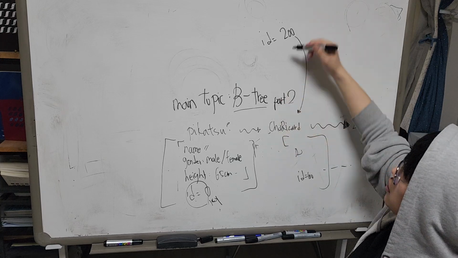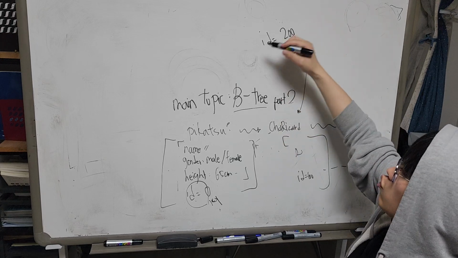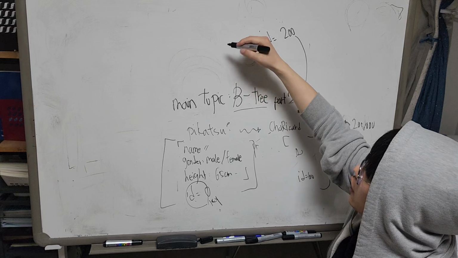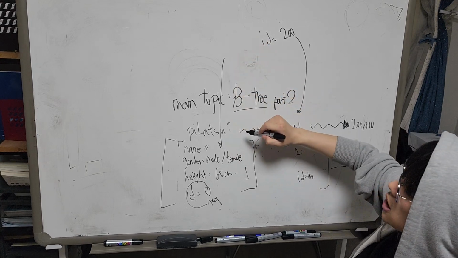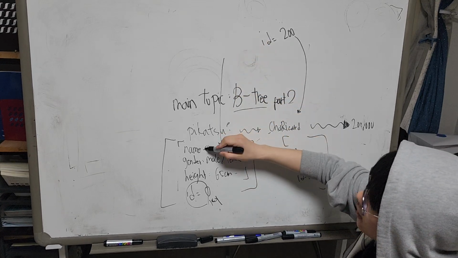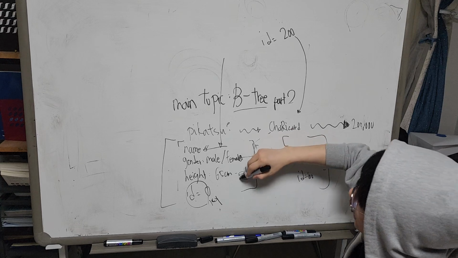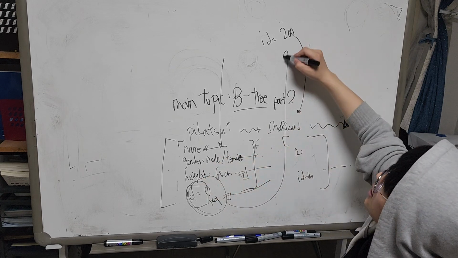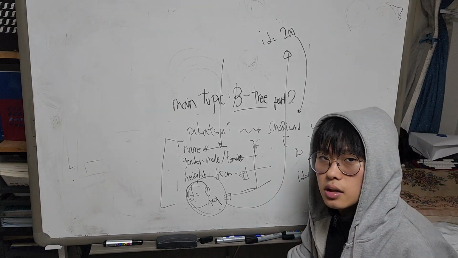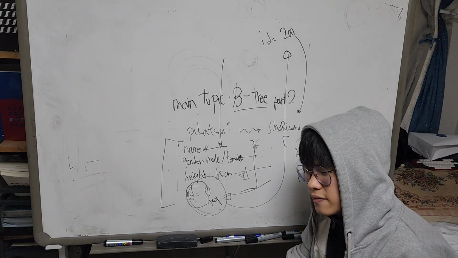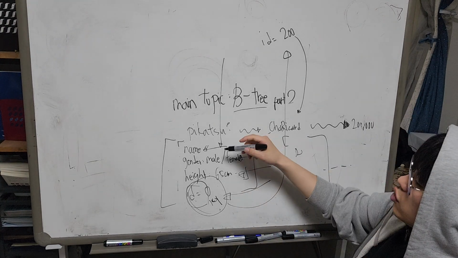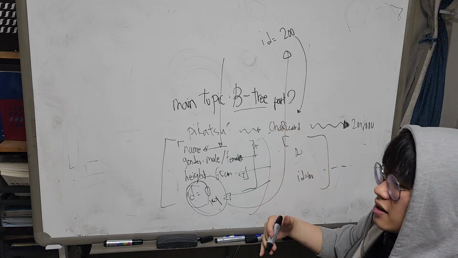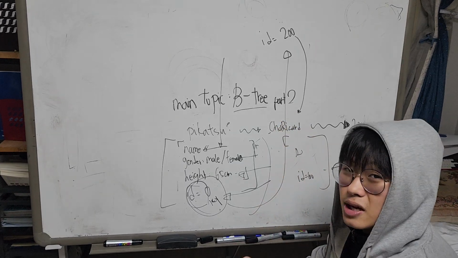That means we have to go inside each record box and find the ID, and even once we find the ID, we have to check whether this ID is 200 or not. That's really tedious, and that process is a little bit complicated.